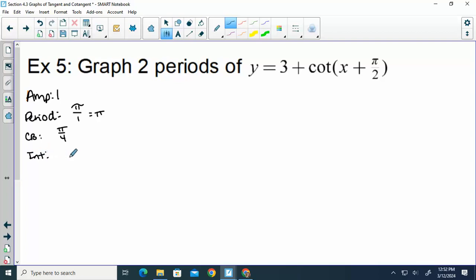For cotangent, we go from 0 to pi: 0 less than or equal to the angle less than or equal to pi. So if I subtract pi over 2, we get negative pi over 2 less than or equal to x less than or equal to positive pi over 2. What else is happening? We're going up 3.